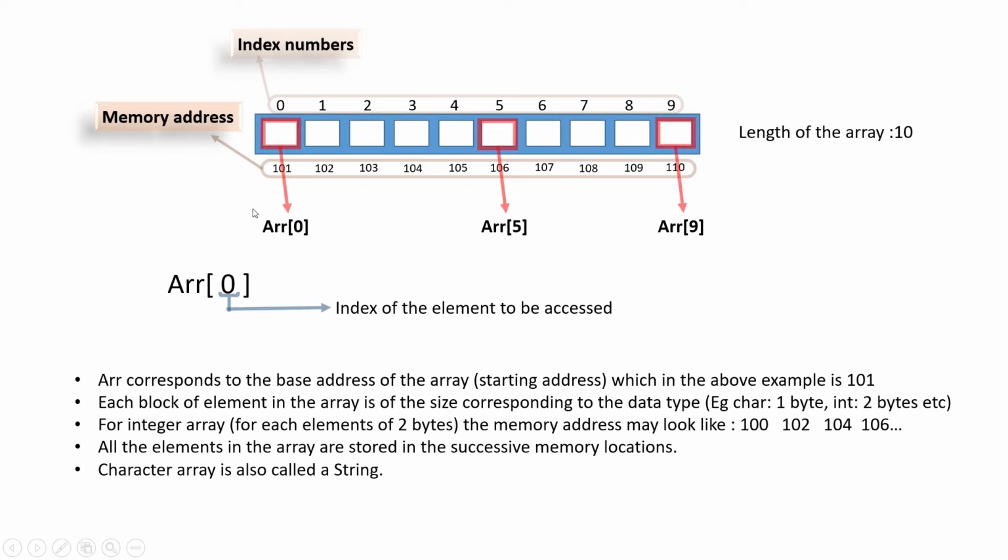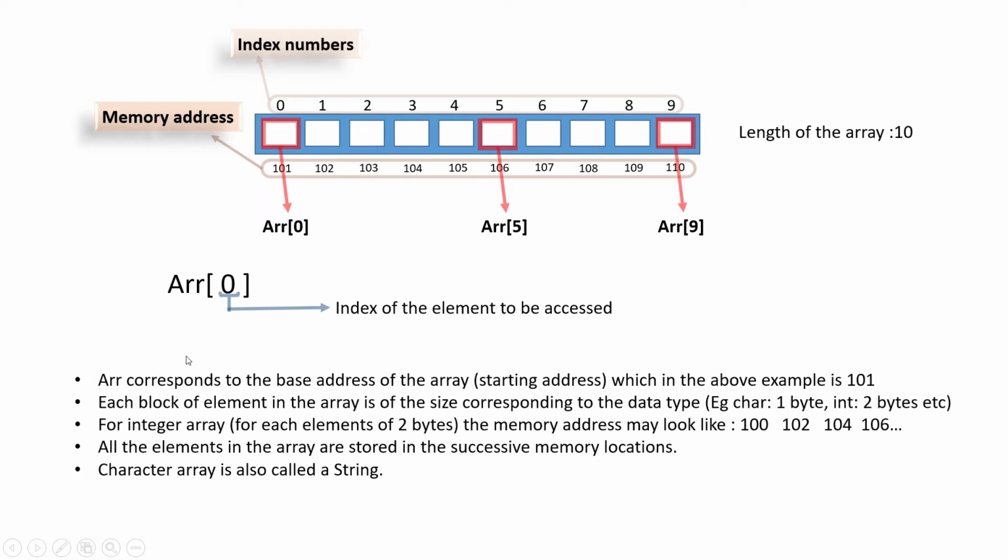To access the individual elements of the array, using arr of 0 will access the first element of the array. Using arr of 5 will access the sixth element of the array. Using arr of 9 we access the 10th element of the array. We have to put here the n minus 1 value, where n is the number of the element which we want to access. Since the index number starts from 0, the value of the index we put here for the element to be accessed is n minus 1.